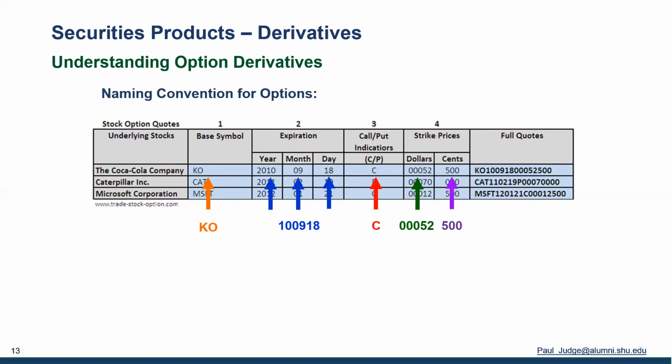So a call on Coca-Cola that expires on September 18th, 2010, for $52.50 would be, that call would have the naming convention KO1009118C00052500. Okay.